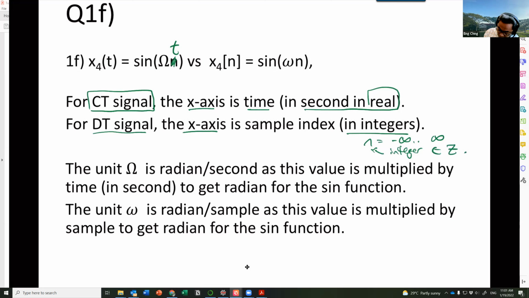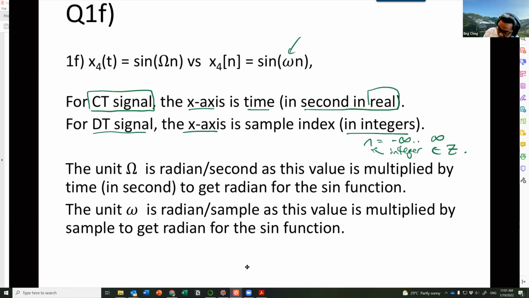All right. Now, the unit for omega is radian per second. And of course, the unit for time is in second. And radian per second times second will get radian back. And radian is being sent to, of course, the sine, and everything is fine again. So that's the idea. What about this guy?